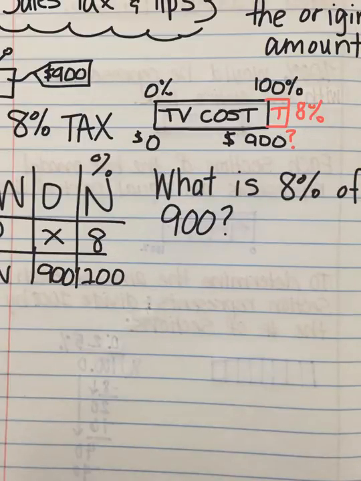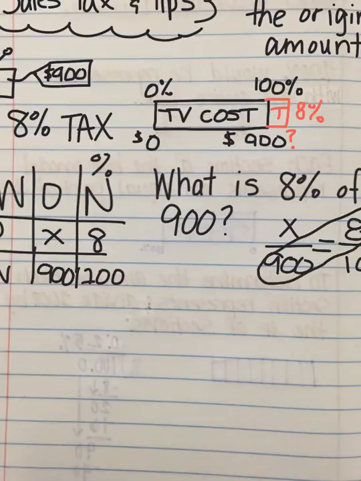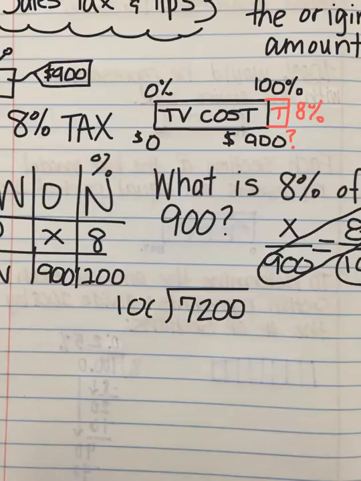From here, we take the proportion out of the box, and we solve it using cross products, right? Multiply these two, and then I divide it by this one. What's 8 times 900? Yep, I hear you. 7,200. And I'm going to divide it by 100.